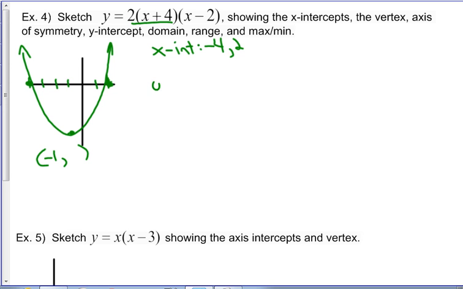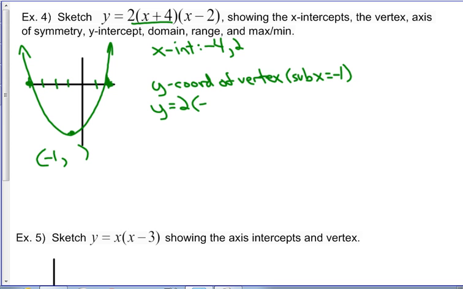Okay, the y-coordinate of vertex, sub negative 1 for x. So we'd have y equals 2, negative 1 plus 4, negative 1 minus 2. And that's going to give us a value of negative 18. So this must be at negative 1, negative 18.